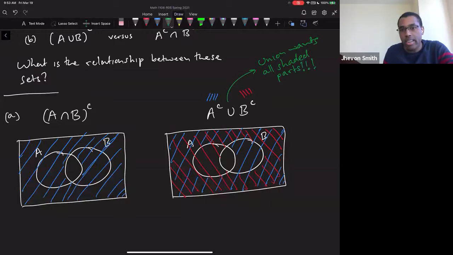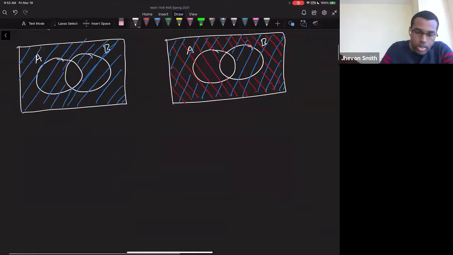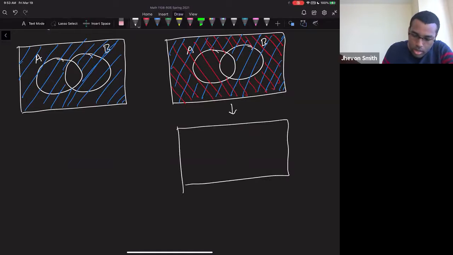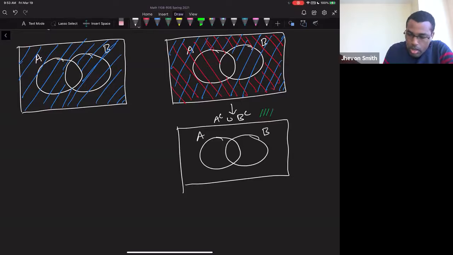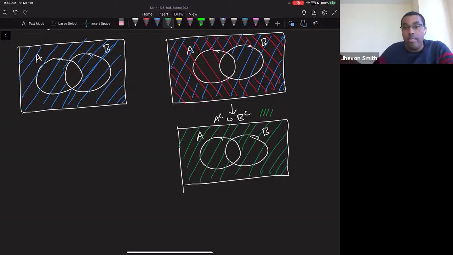If there's shading, it's a part of our union. So if I look at A complement union B complement, and I'm going to shade that green now. Any part that was shaded at all is what I want in my union, which now you'll notice is everything except what is in common to A and B.